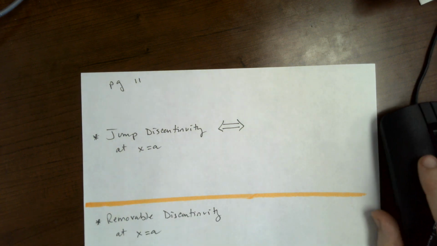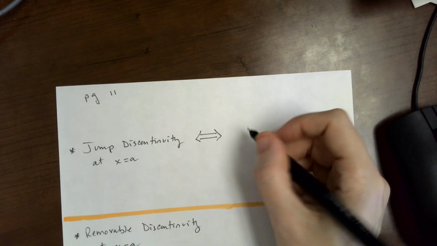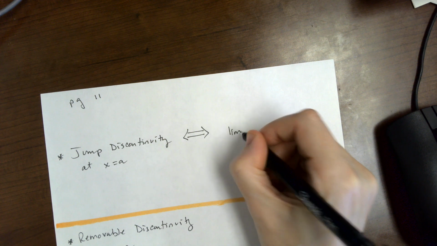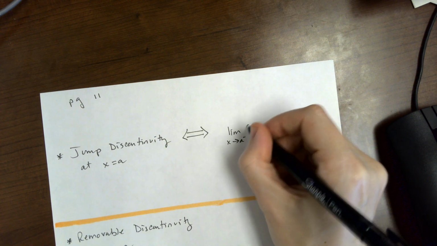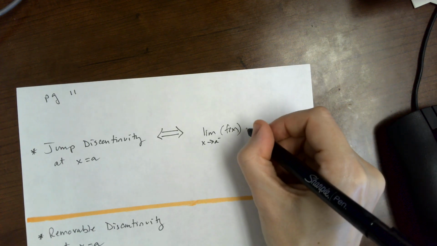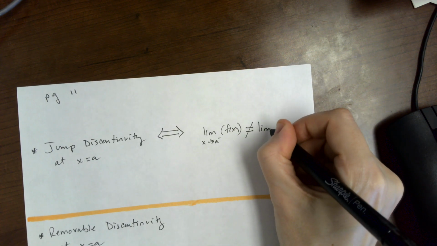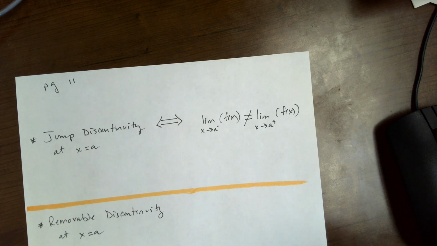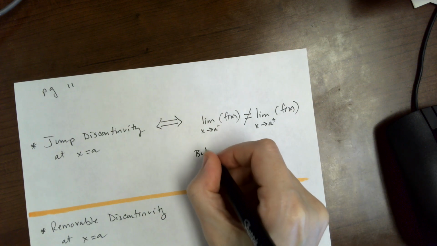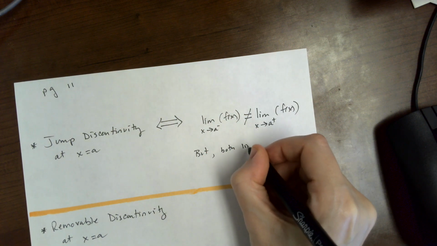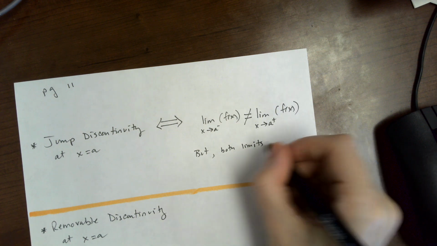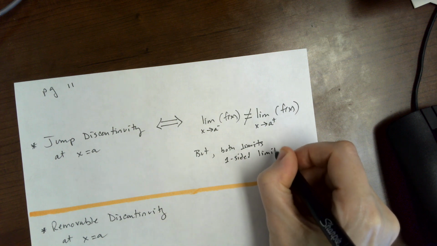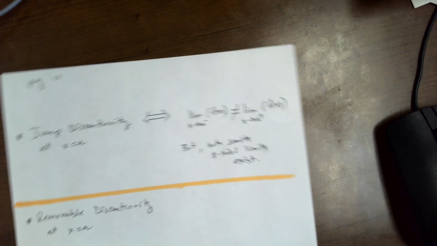So we're going to have a jump discontinuity if and only if the limit as x approaches a from the left of f of x is not equal to the limit as x approaches a from the right, but both one-sided limits exist, meaning that they're not infinity.